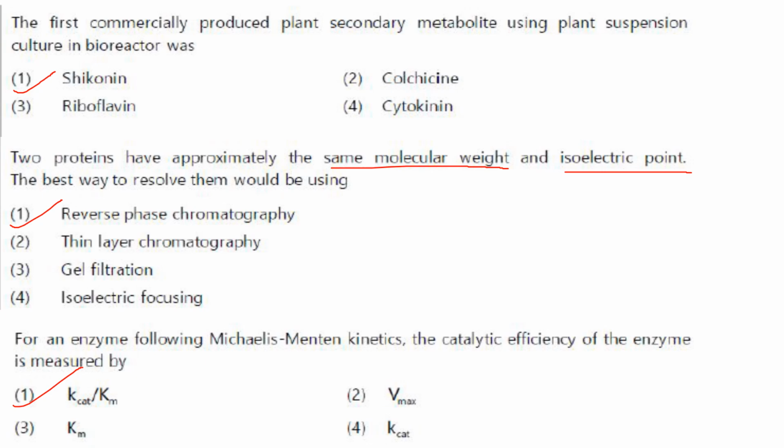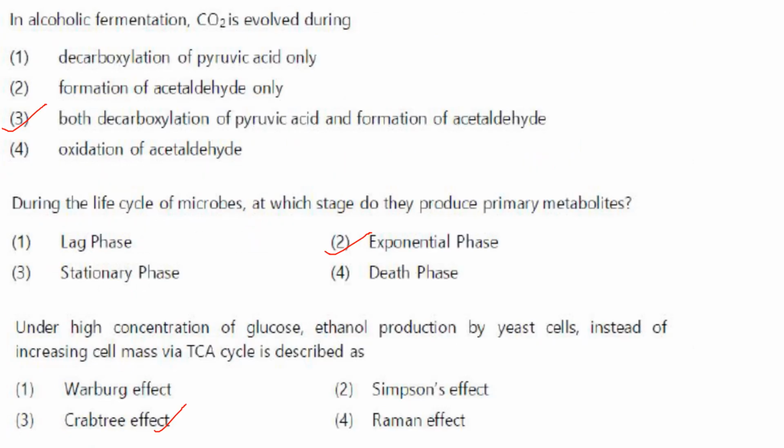Then next one, for an enzyme following Michaelis-Menten kinetics, the catalytic efficiency of the enzyme is measured by Kcat by Km. Then, in alcoholic fermentation, carbon dioxide is evolved during... So, during alcoholic fermentation, glucose undergoes glycolysis and produces pyruvic acid.